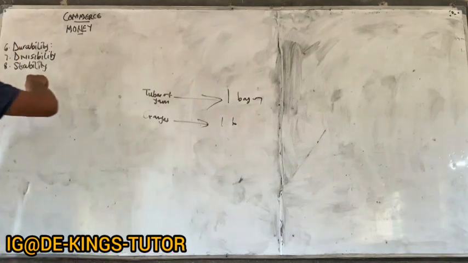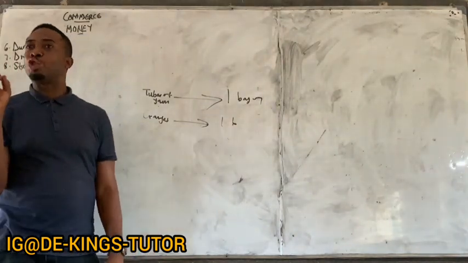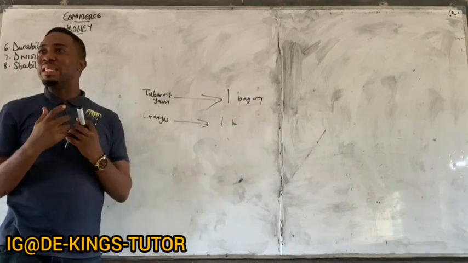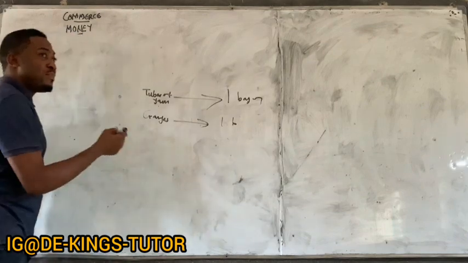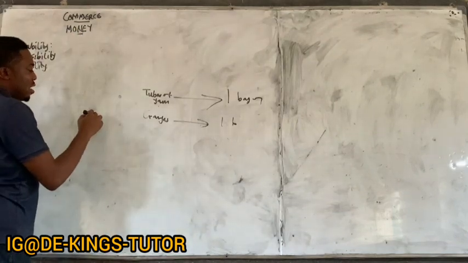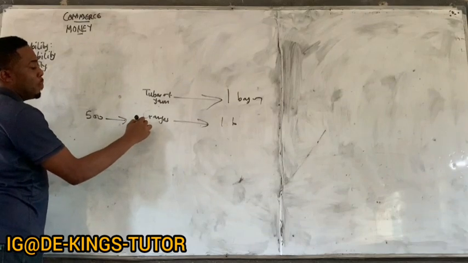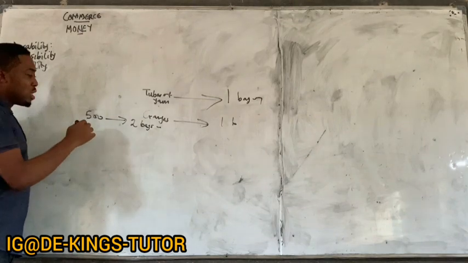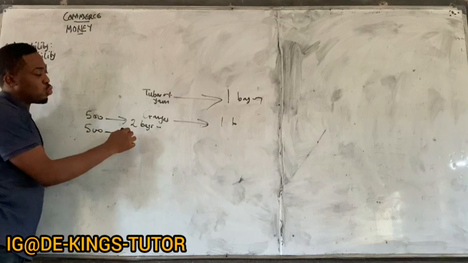Now, what do we mean by stability? It means that whatever should serve as money should not fluctuate easily in terms of its value. For instance, it should not be that today 500 can purchase, let's say, 2 bags of rice, then by next week, this same 500 cannot even purchase 1 cup of rice.